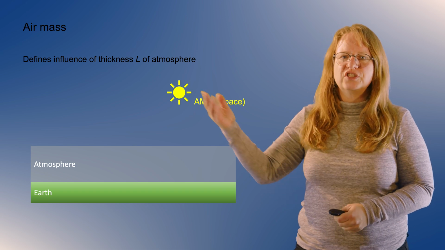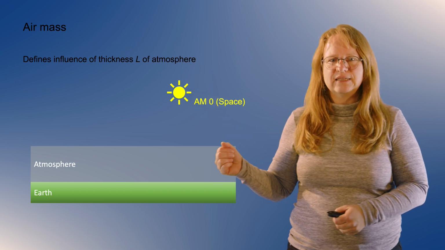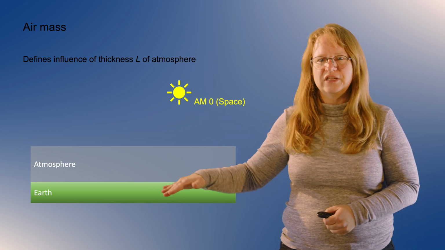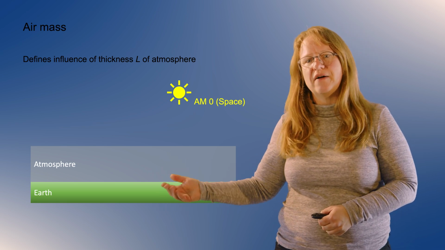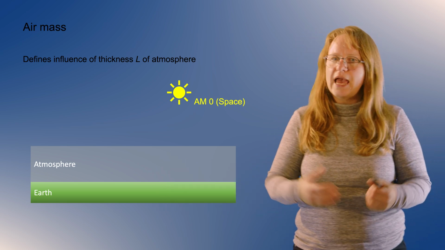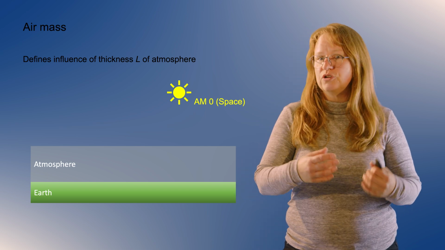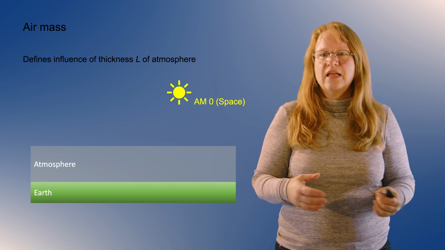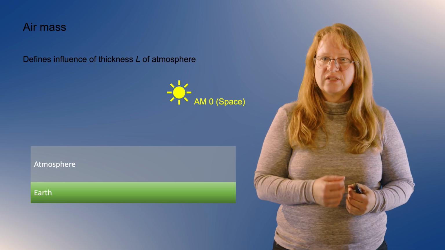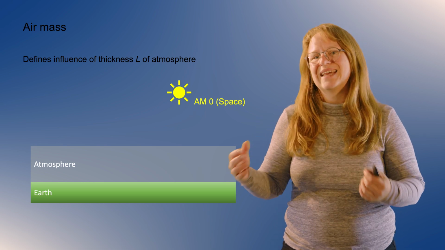So if we are considering the sun out in space and our Earth here, and here I'm just showing part of the Earth's surface, we have the atmosphere above the Earth's surface. The atmosphere has different humidity, different ions in it, and therefore it absorbs sunlight and it also might scatter sunlight.